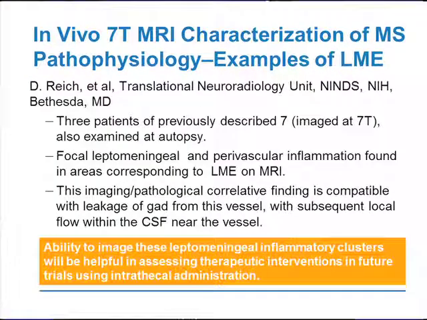They also were able to examine some of these patients at autopsy, and focal leptomeningeal and perivascular inflammation was found in areas corresponding to the LME on the MRI. So this is a very interesting imaging pathological correlative finding, and it's compatible with leakage of gadolinium from the vessel and subsequent local flow within the CSF near the vessel.